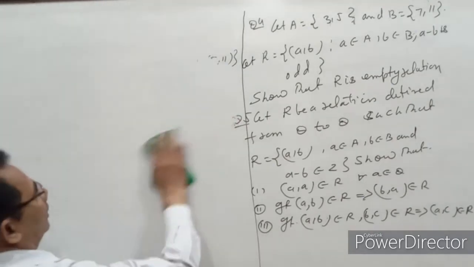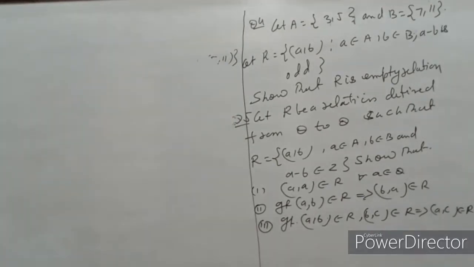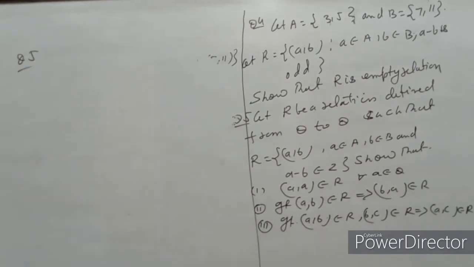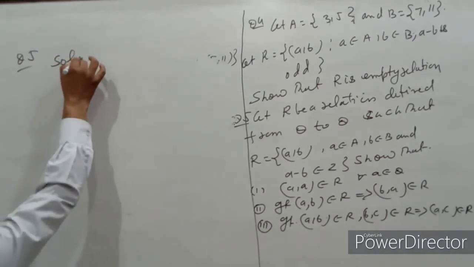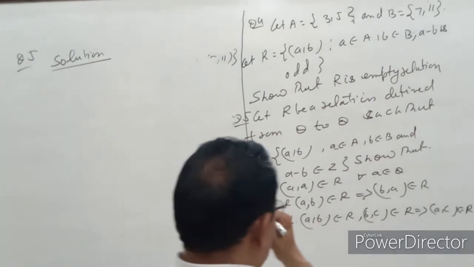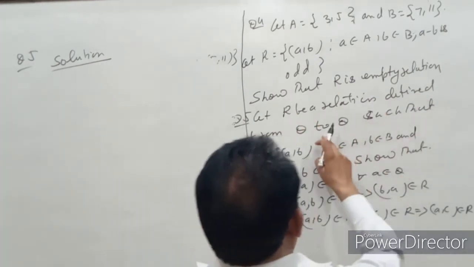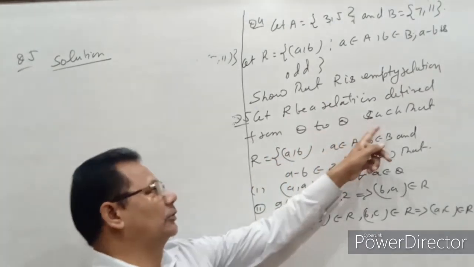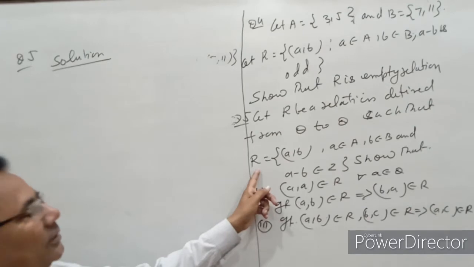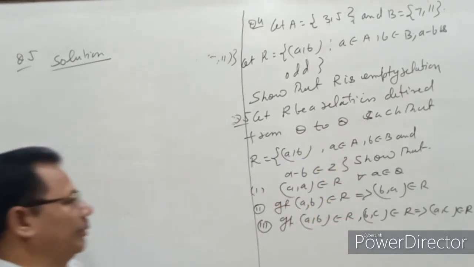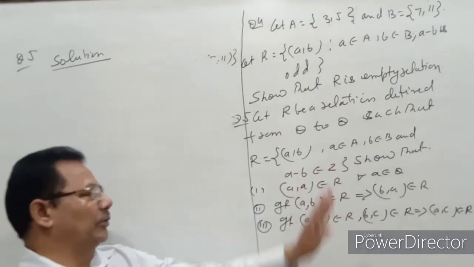Next, question number 5. अगर हम देखें यहाँ पर क्वेश्चन नंबर 5 सॉल्यूशन. देखिए, let R be a relation defined from the set Q to Q, means rational to rational, such that R is equal to {(a, b): a belongs to Q and b belongs to Q and a minus b belongs to Z}.